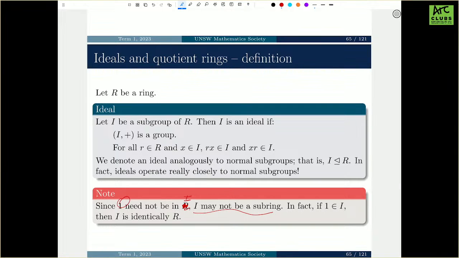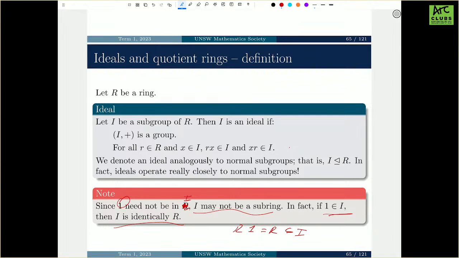But yeah, I might not be a subring, and if I does contain 1, then I is identically R, because R1 equals R, but this is a subset of I by the multiplicative property.